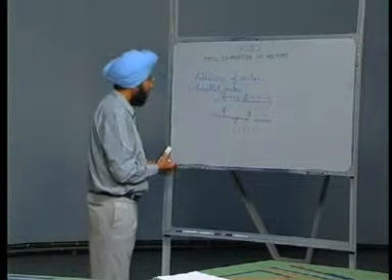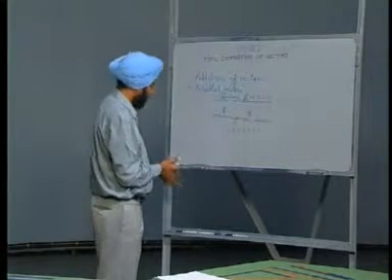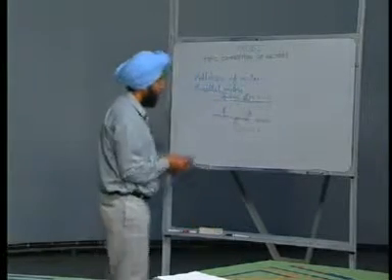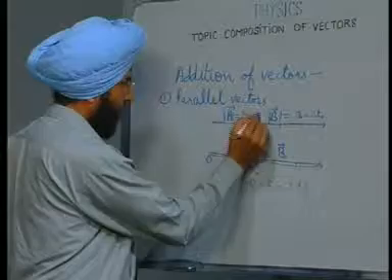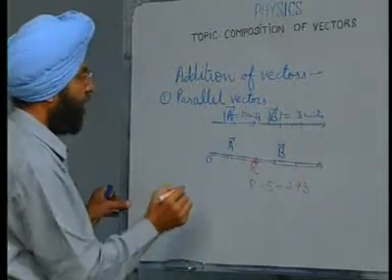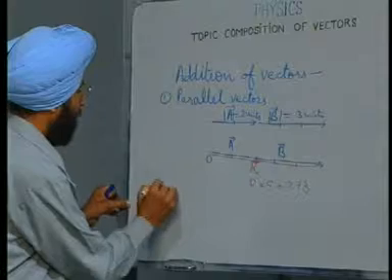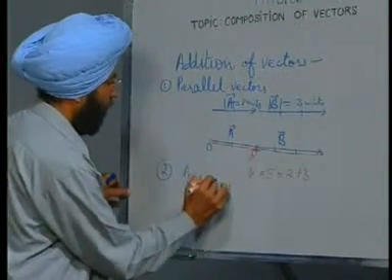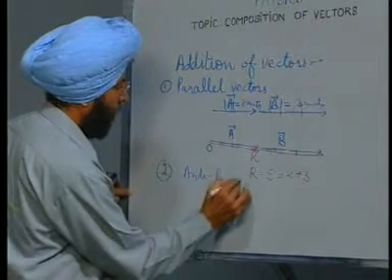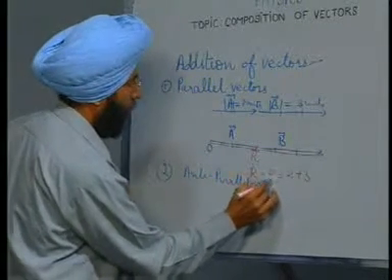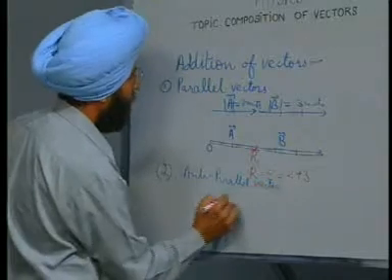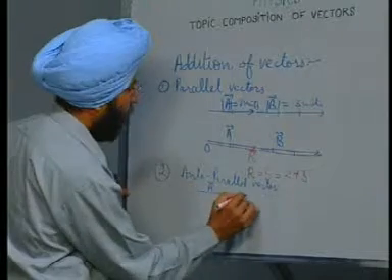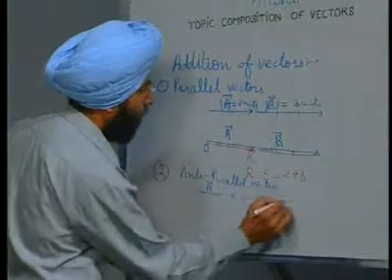When we have anti-parallel vectors, let us say we have two vectors with the same magnitudes as before, but B has opposite direction.